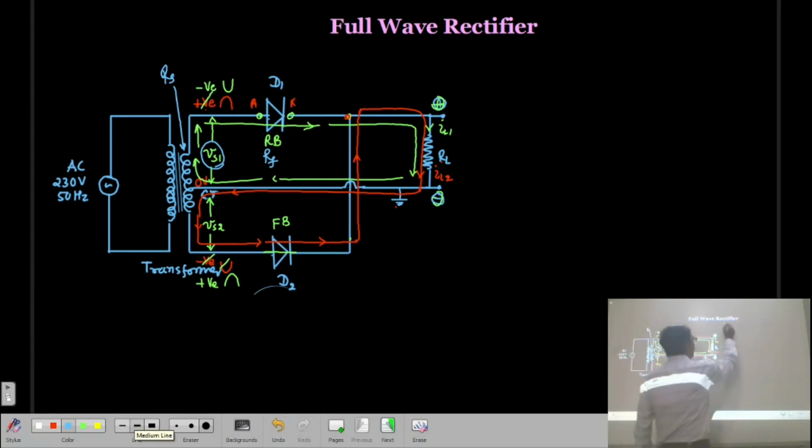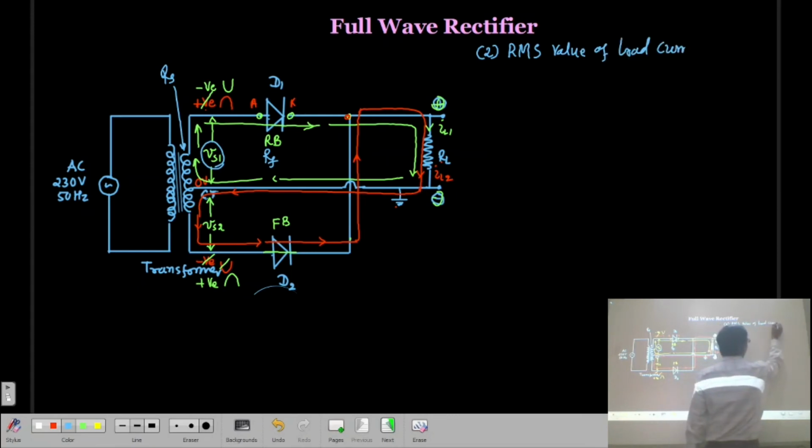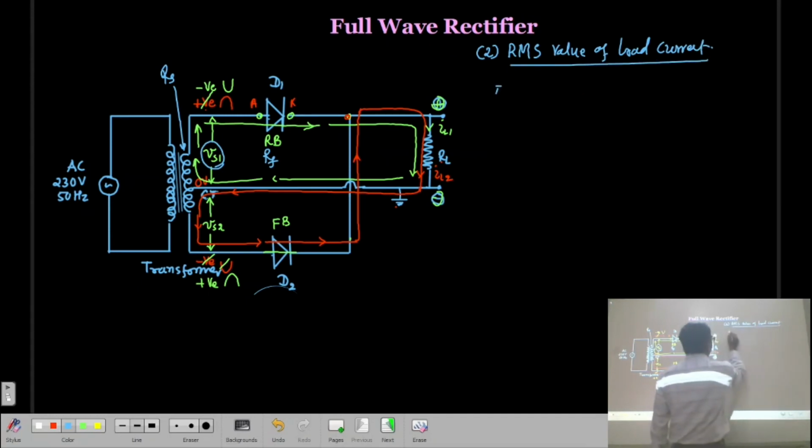Okay. Now we calculate the RMS value of the load current, and it is defined as IRMS.